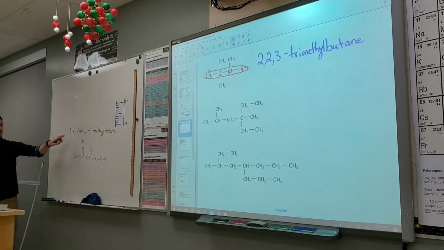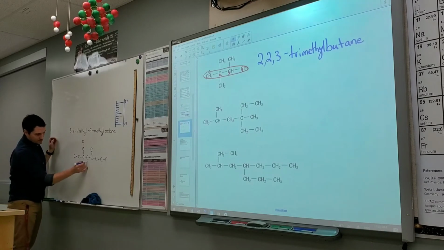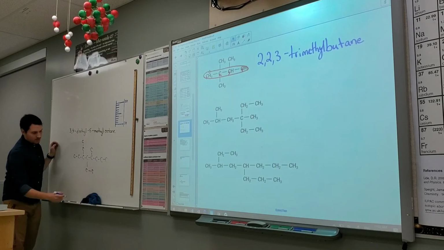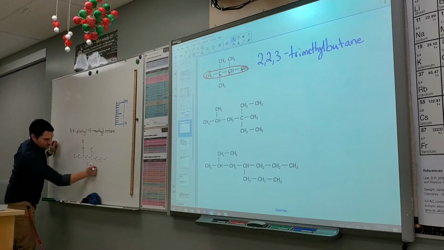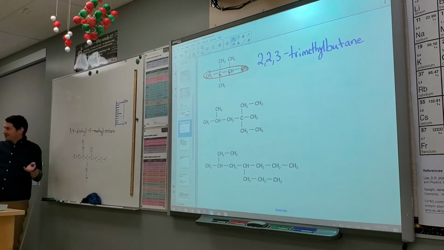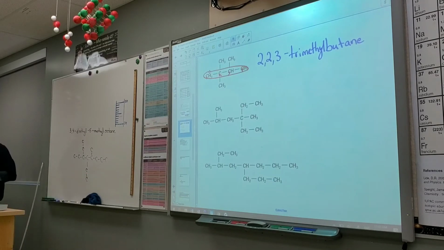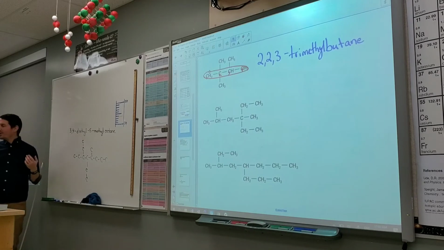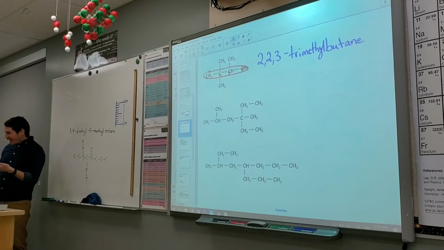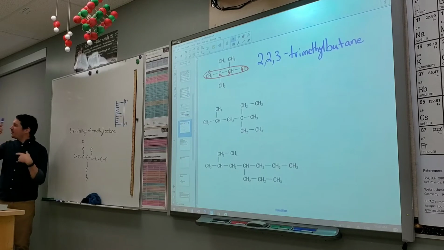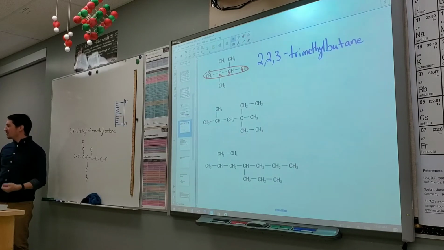And then where is the other ethyl group? On 4. That's still right. Whatever, doesn't matter. So is this okay? Yes. And then you just fill in the hydrogens. That's all you gotta do.